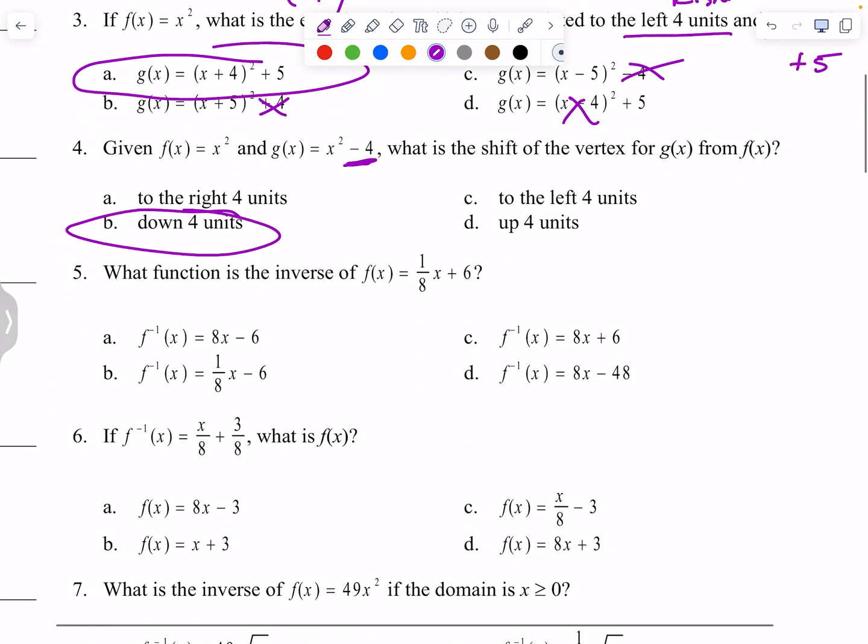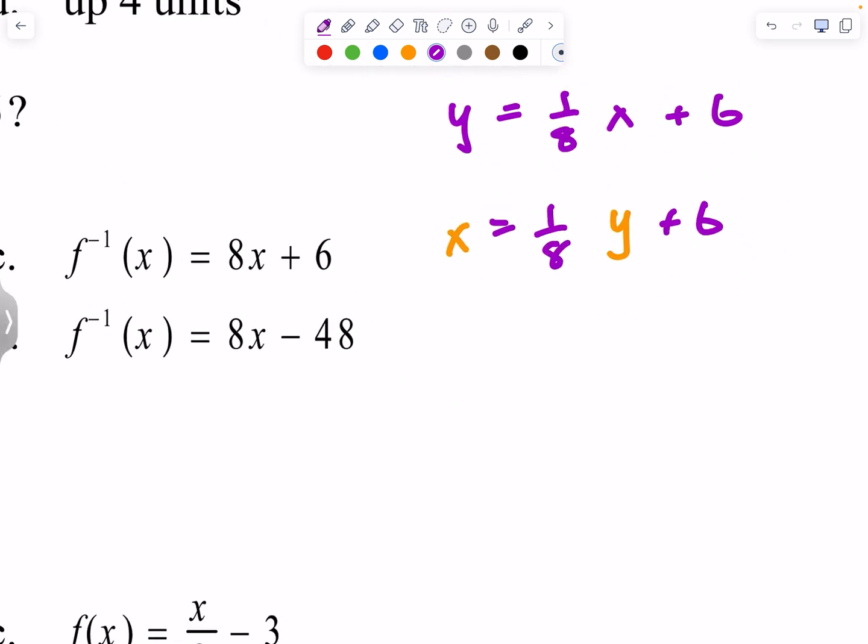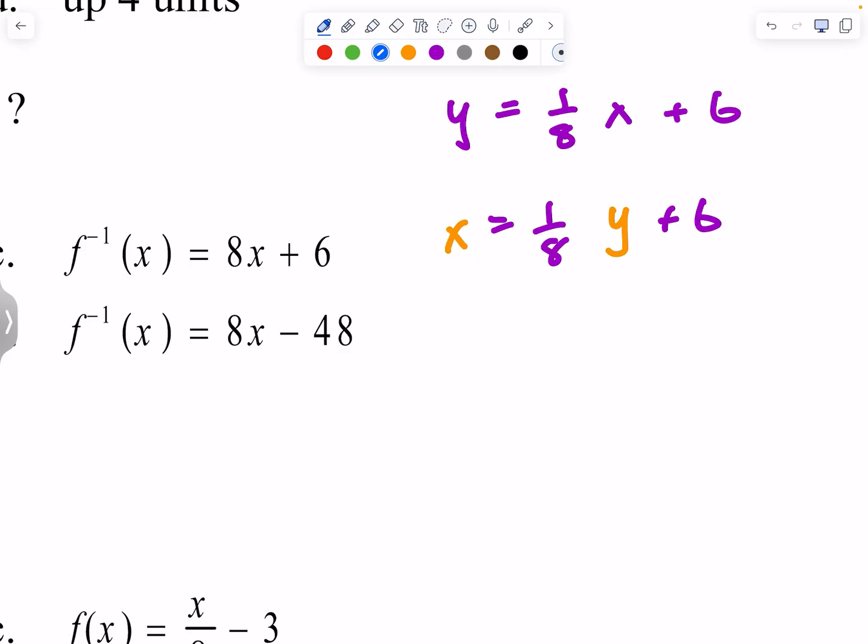All right, inverse. So y equals 1/8 x plus 6. You flip the x and the y, and then now I resolve for y.